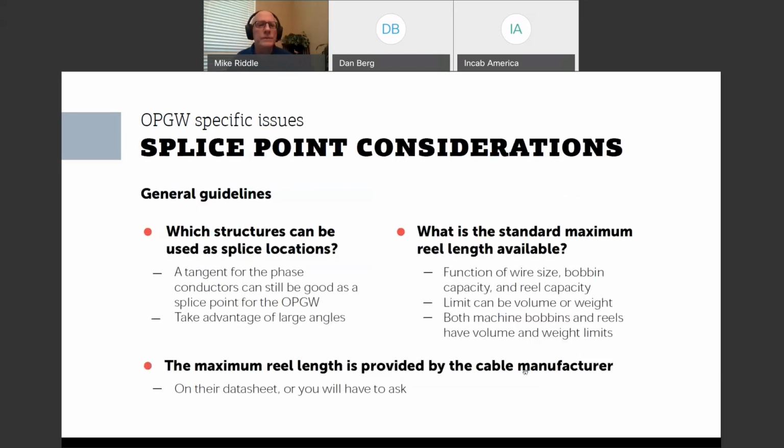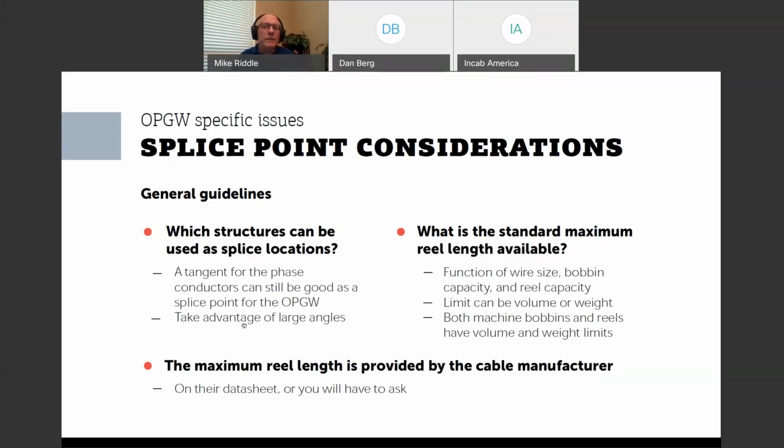Other guidelines are, which structures do you actually use? I see some customers that try to coordinate their splice points with where they're dead ending their conductor. That's okay. There's nothing wrong with that. But a tangent structure for the phase conductors can still be a good dead end splice point for the OPGW.